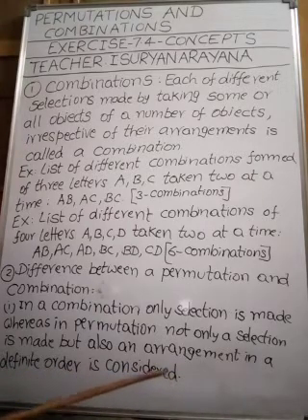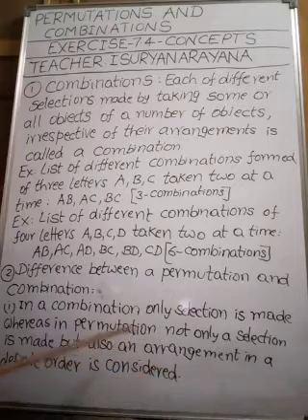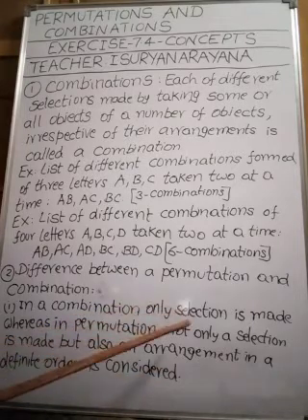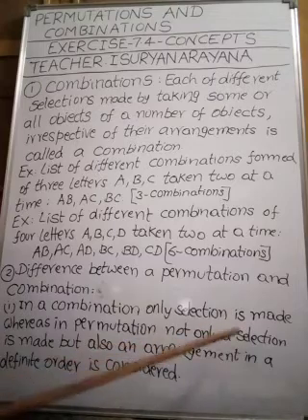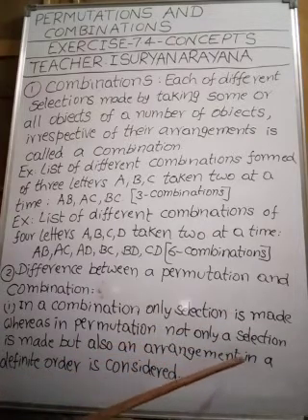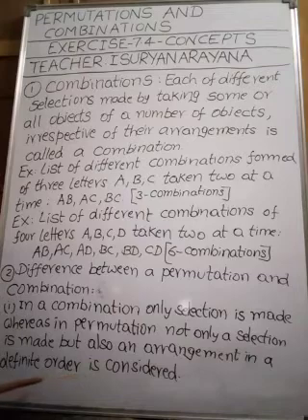Understood this point, my children? Combination means only selection, but permutation means we have to select the objects and also arrange them in a definite order. Understood this difference, my children? Right.